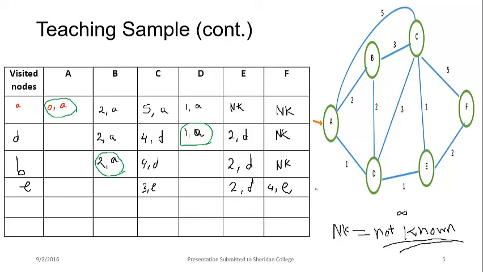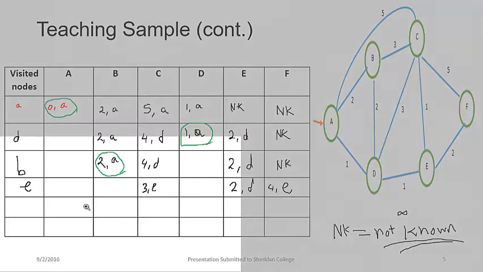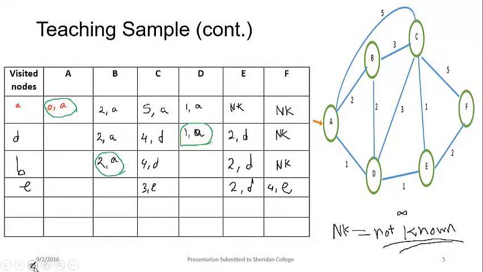Now, coming back to find out the minimum among these values, of course, I should have put green color here. Every time I put the minimum distance, I should circle it in green color.